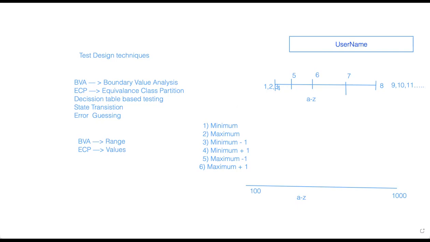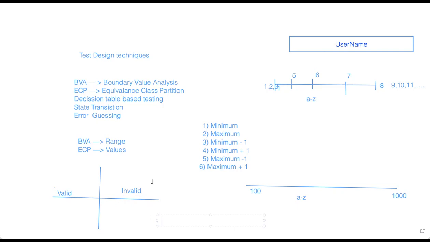For ECP, we'll divide the data like this, valid and invalid.